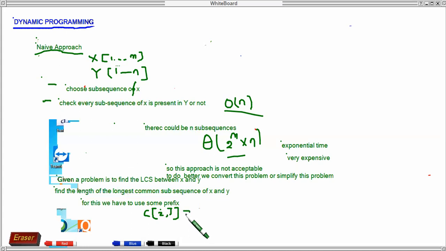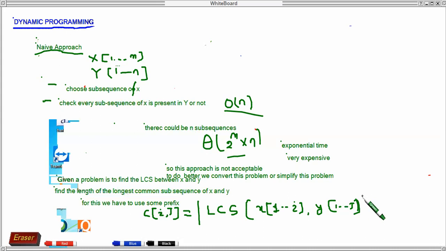So C[i][j] is equal to the modulus of the LCS, because we want to find the longest common subsequence, of x from 1 to i, comma, y from 1 to j. We want to find the longest length. This represents the length.